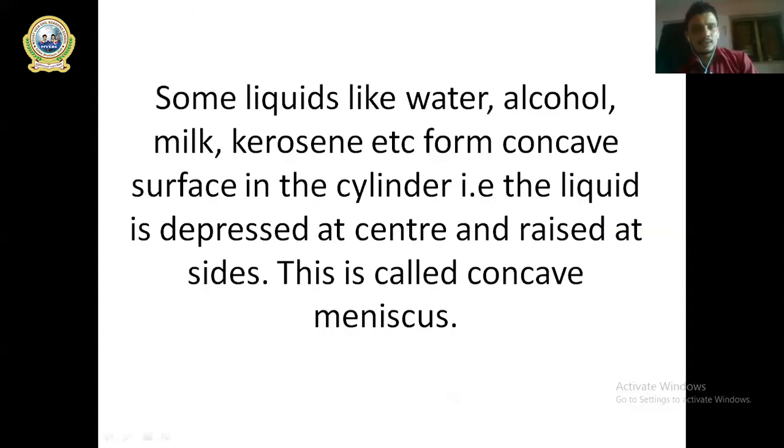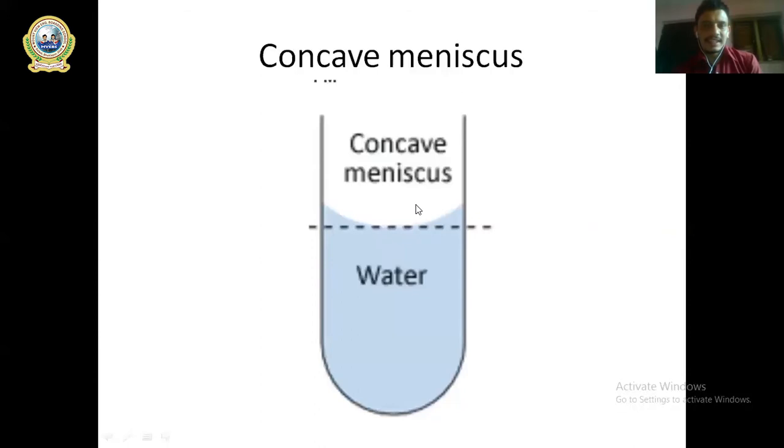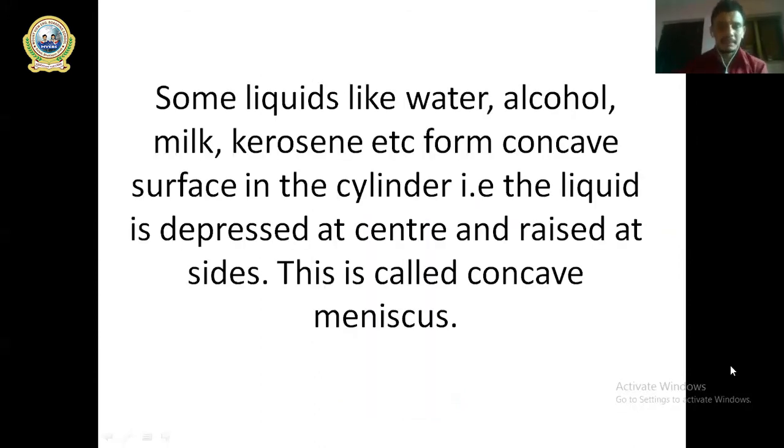That is, the liquid is depressed at the center, going down at the center, and raised at the sides, like this one. At the center it is depressed and at the side it is raised. Usually water, alcohol, milk, kerosene, etc. form concave meniscus.